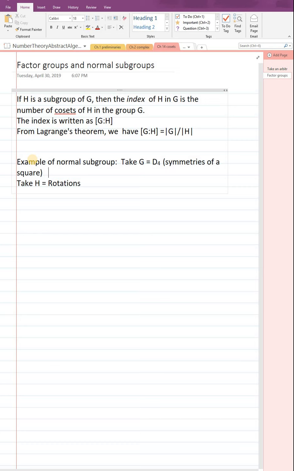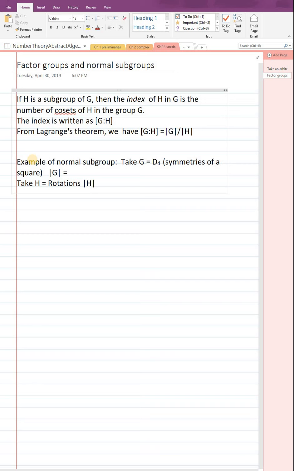Now remember, the order of G is what? How many elements are in that group? How many rotations and how many flips? Here's a square right here. You can manipulate it.